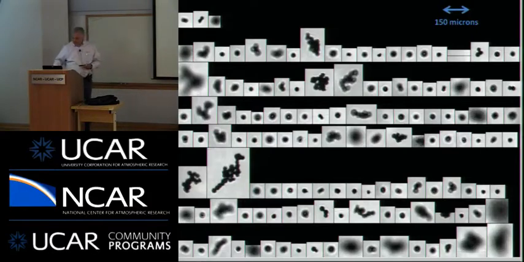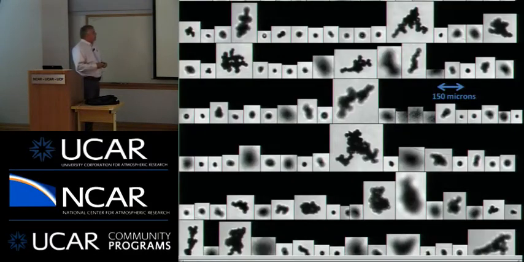And then as you get further into the core, you start getting more and more of these aggregates, frozen drop aggregates. In this case, you don't see much of anything in the way of faceted crystals. This is not true for all the clouds we studied, but for this particular case, that's what it was.